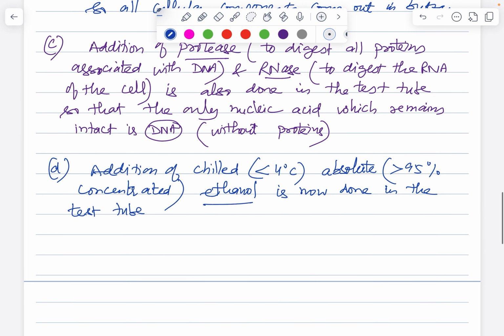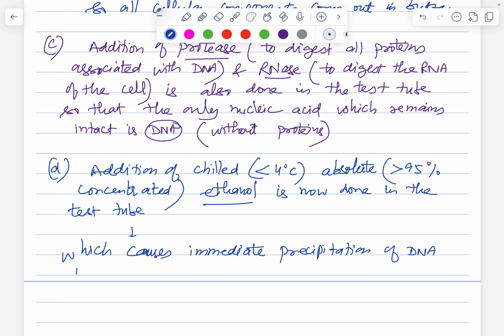Okay, and once we actually add chilled absolute ethanol in the test tube, this causes immediate precipitation of DNA in the form of yellowish or white threads.